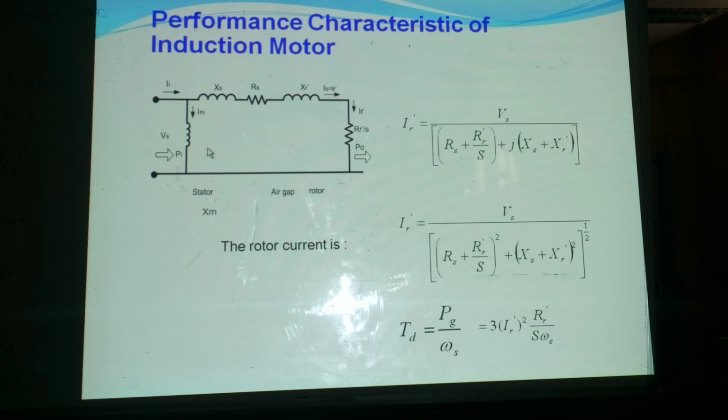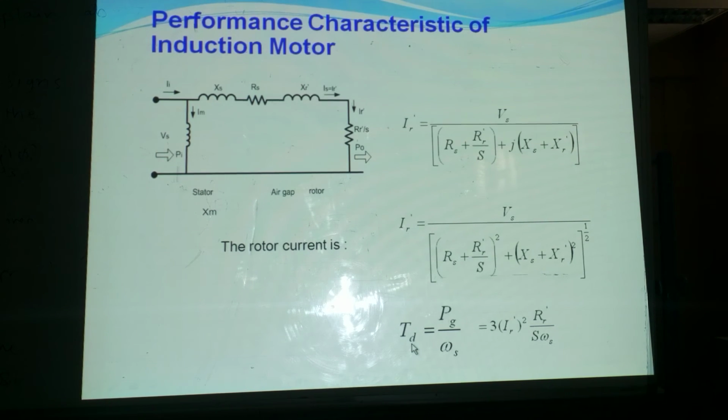From this we can easily calculate rotor currents. See, these two are in parallel now. Rotor current IR dash is given by supply voltage divided by Rs plus Rr dash by S plus j into Xs plus Xr dash, right?